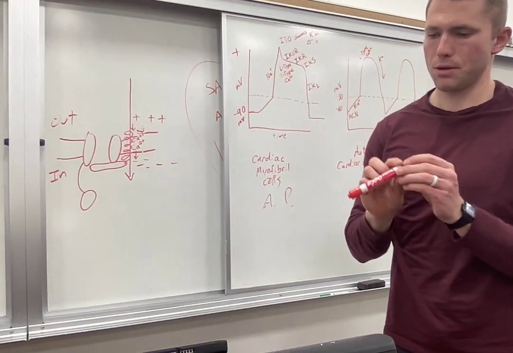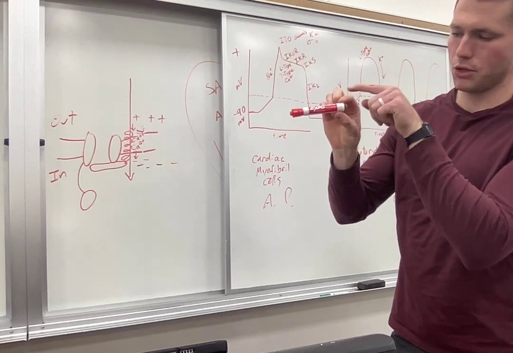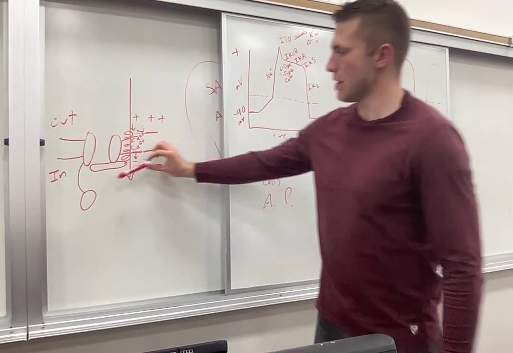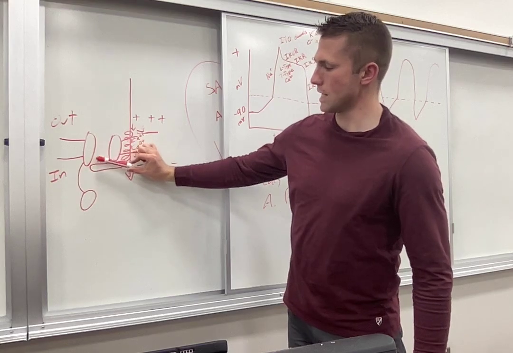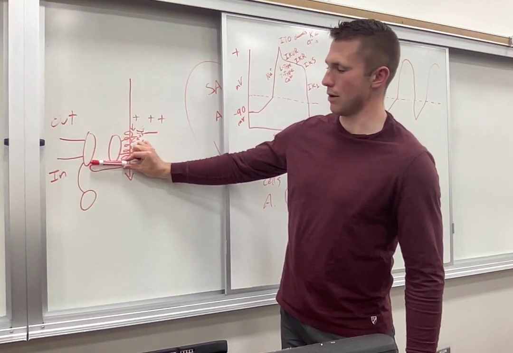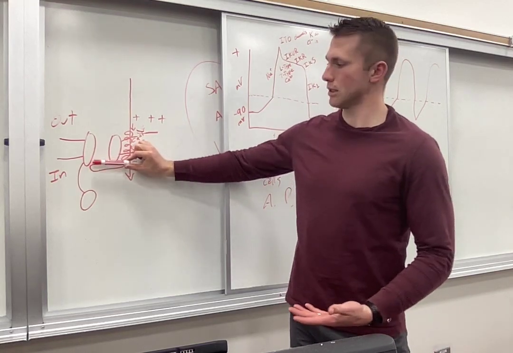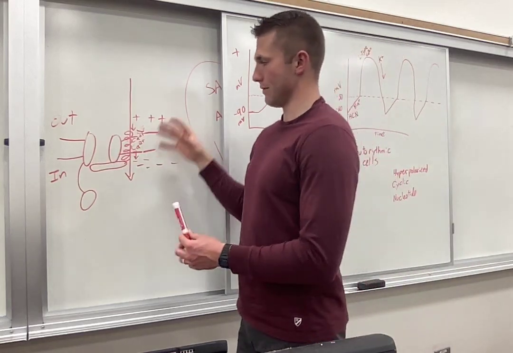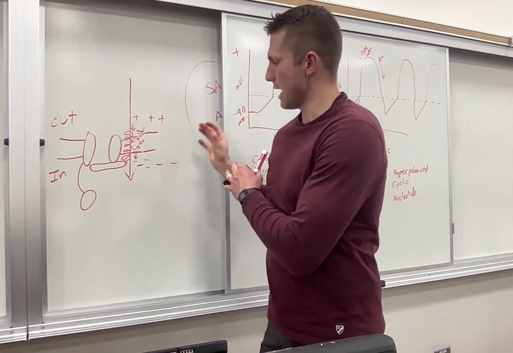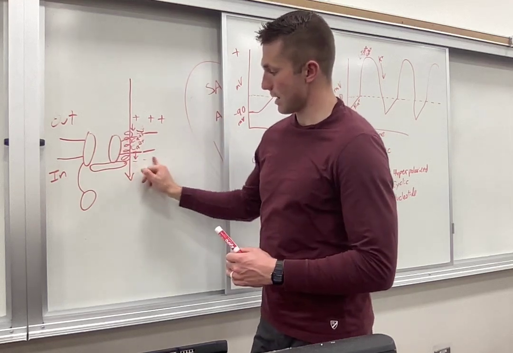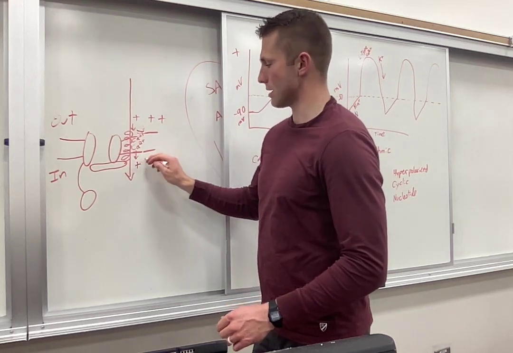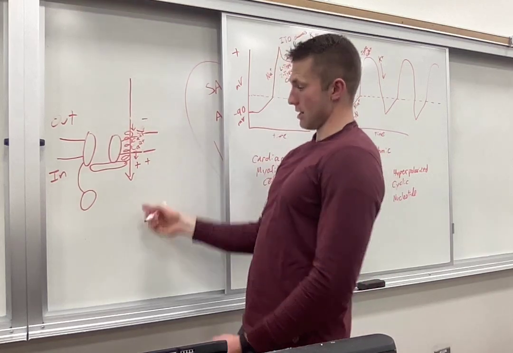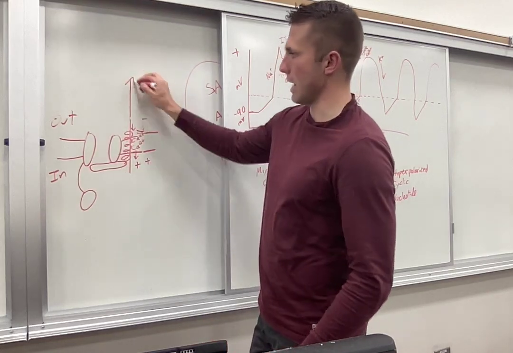I hope you remember this, but if I push down on this end of the marker, the other end of the marker goes up, right? So same thing here. If I'm pushing down, that other end is going up. That's closing this sodium channel. Quick review of that. Obviously, when a greater potential happens and the insides become more positive and the outsides become more negative, then this arrow changes, and now it's going up.